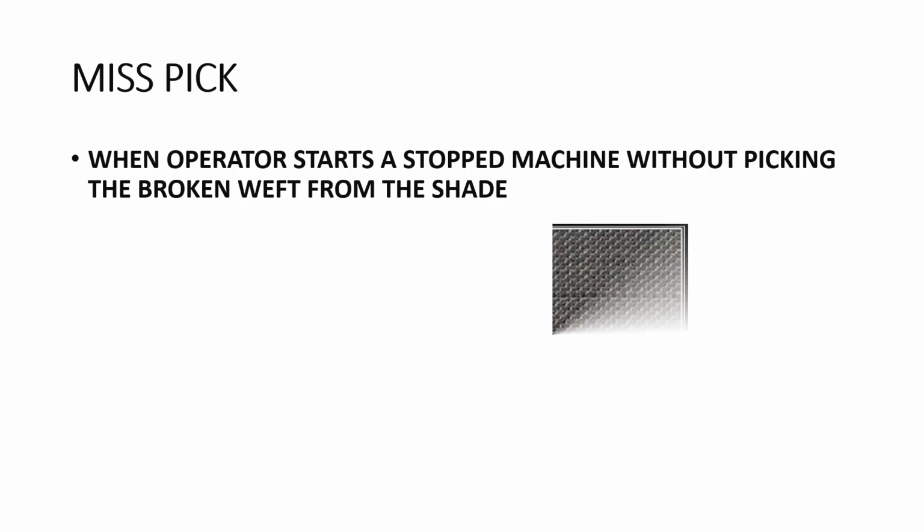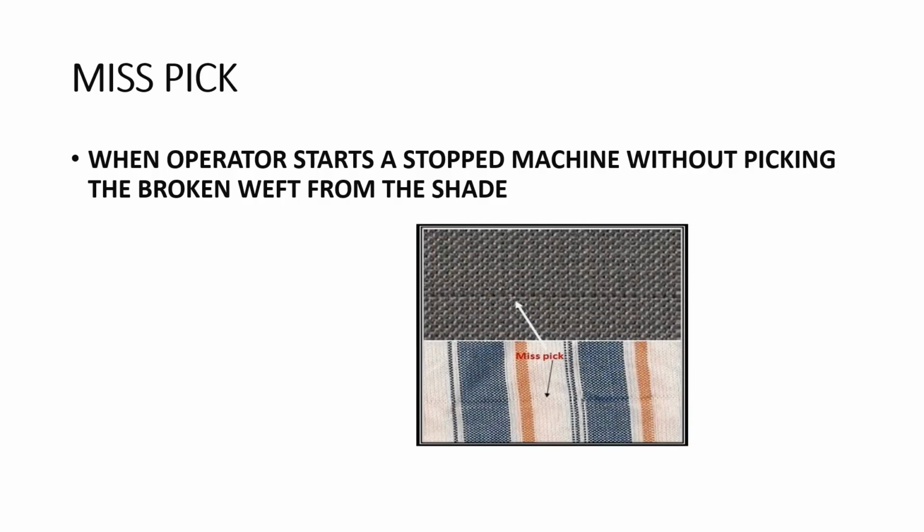from the set, such kind of appearance may occur in the fabric, and this is called a mispick, and this is the difficulty of the operator who is actually operating the machine. So that is the broken weft or mispick. The defect name is called the mispick.